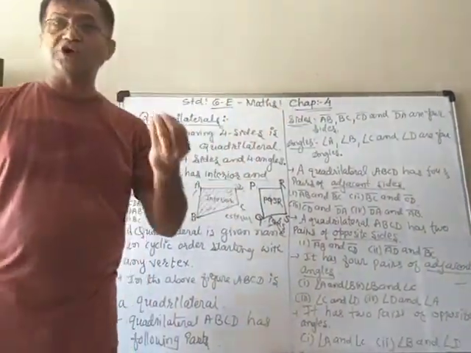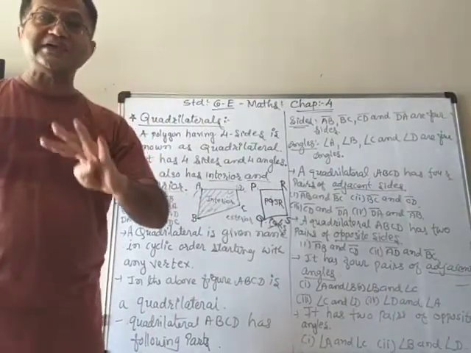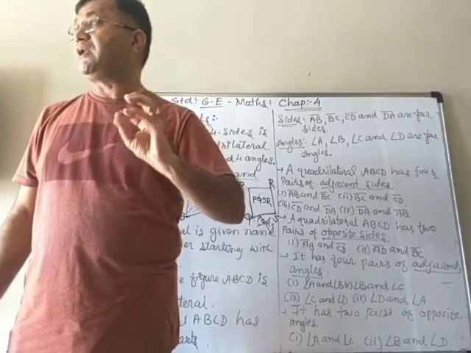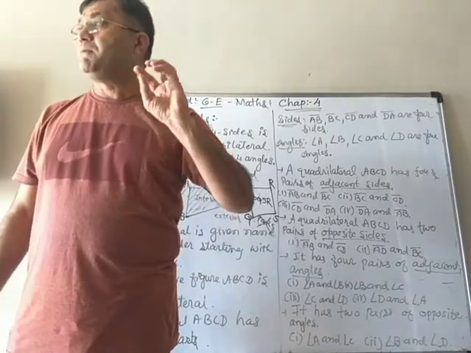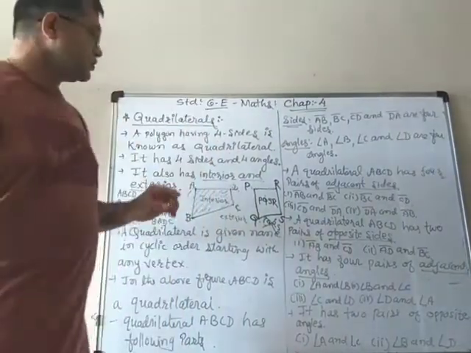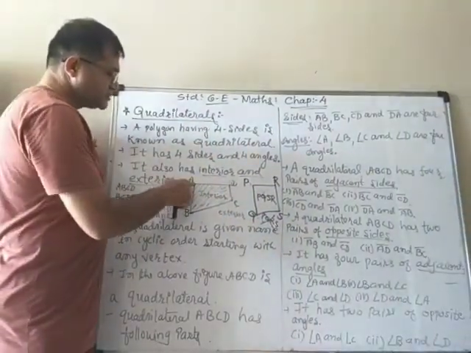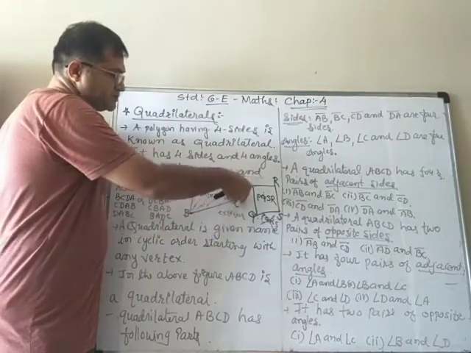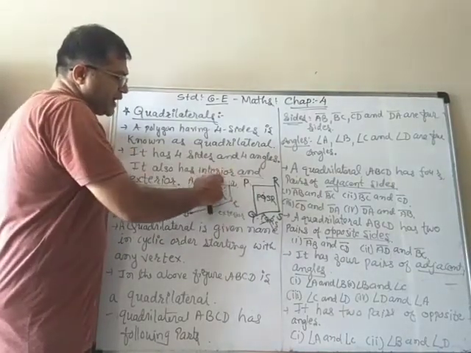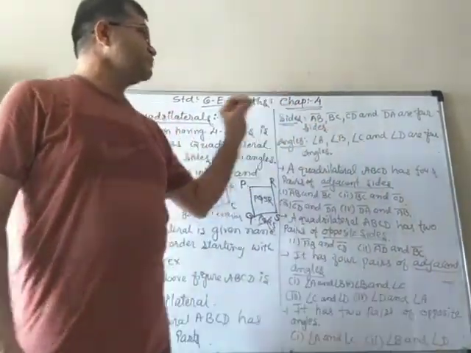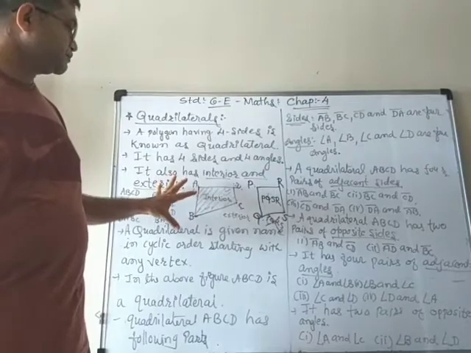Sides means those four line segments from which the quadrilateral is made, because a quadrilateral is a polygon made with four line segments or four sides. So here you can see the sides: line segment AB, line segment BC, line segment CD and line segment DA. Those are the four sides of our quadrilateral.